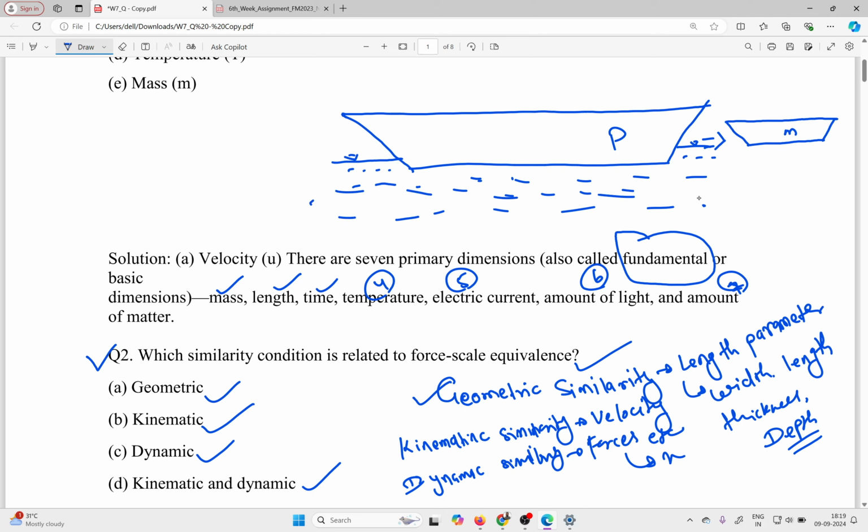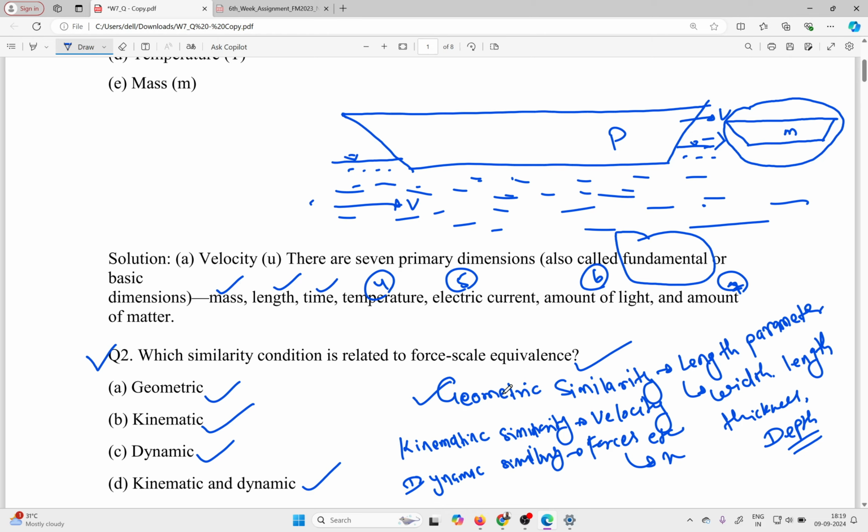So here water and water everywhere. So what is the water velocity this side? What is the velocity of this, your boat? If this is a river, then velocity definitely. How much force, that is drag force, friction force acting, similar thing you will maintain in the model. Then you will get the actual conditions or actual parameters, whatever you want to find out, velocity, turbulence, everything.